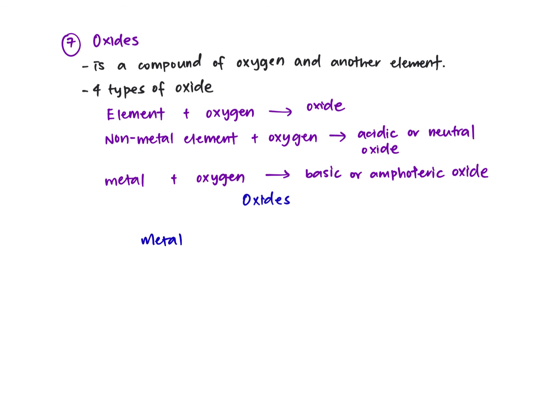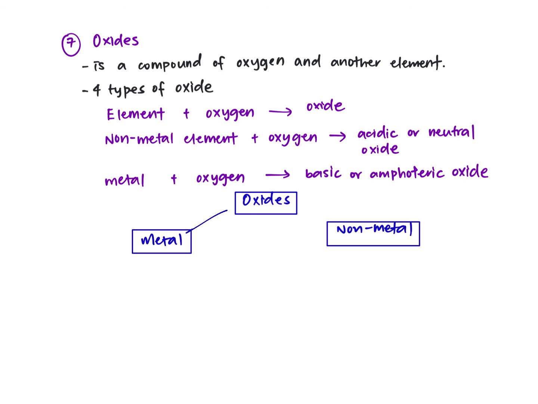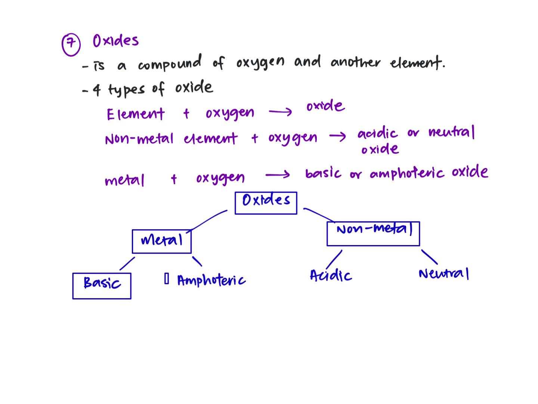So this flow chart I'm going to draw will give you how to identify whether an oxide, a compound that is ending with oxide, is basic, amphoteric, acidic or neutral. So if you see the first part of the name is a metal, it could be a basic or amphoteric.